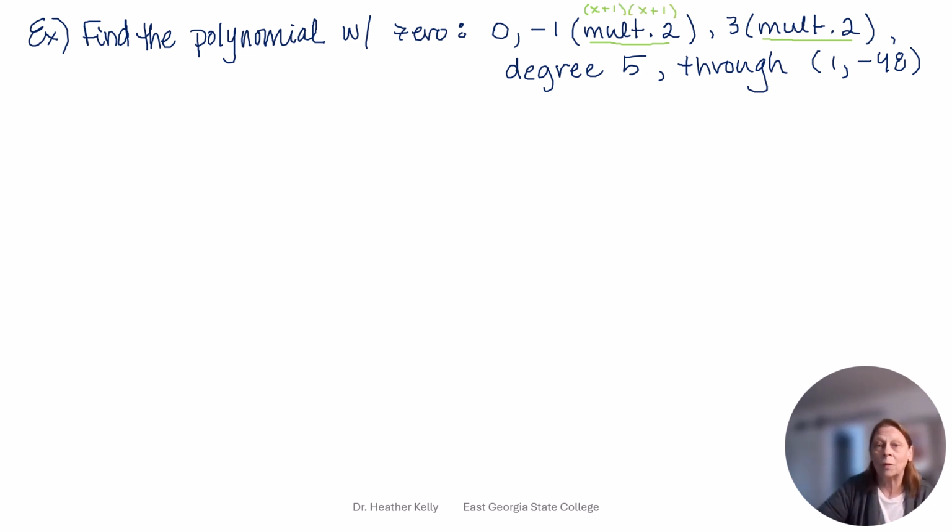Or here we have an x minus 3 and another x minus 3 because it's multiplicity 2. If it was multiplicity 3, you'd have them 3 times. Okay, so let's get started. First, we want to write the factors. So we're going to start the same way. We're going to write the factors and find the general form.